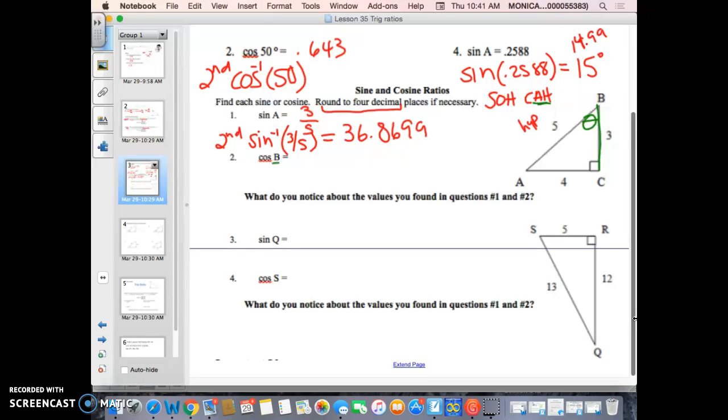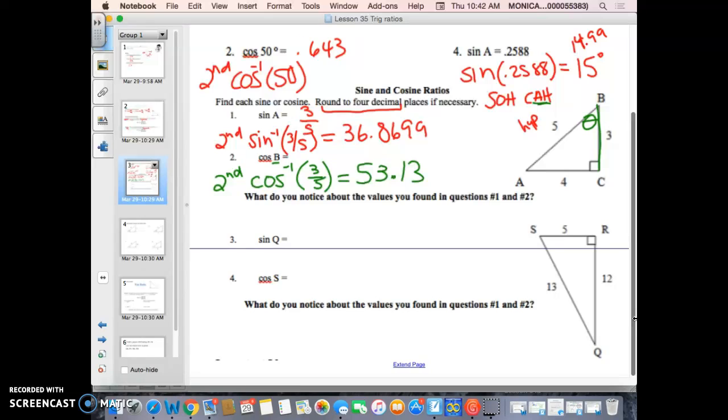Again, I don't have the angle, that's what I'm looking for, so I have to hit second, cosine, and you'll see this little -1, and I'm going to type in the same ratio, 3/5 equals. But this time I should get a different answer because it's a different angle. And I get 53.13. And I stop there because the rest of it rounds off.